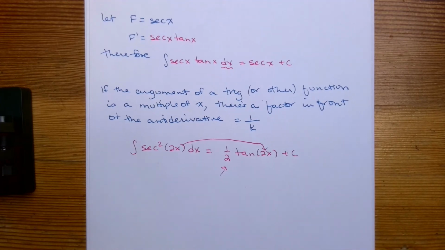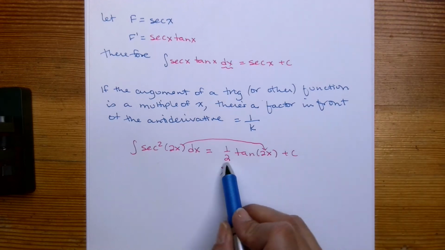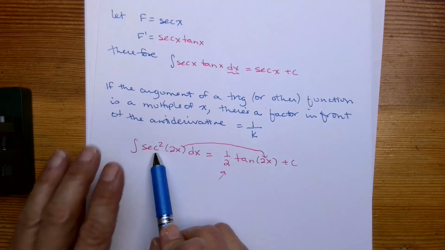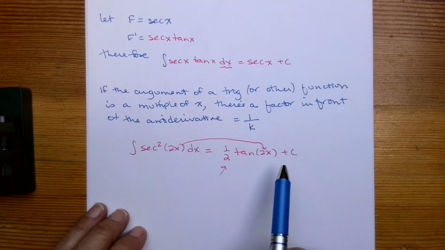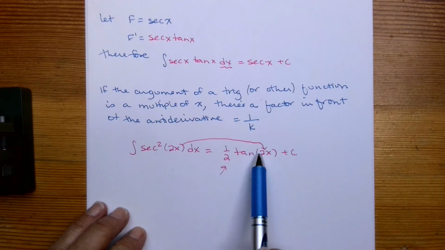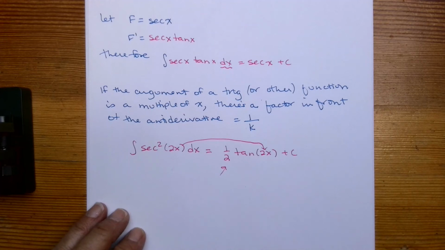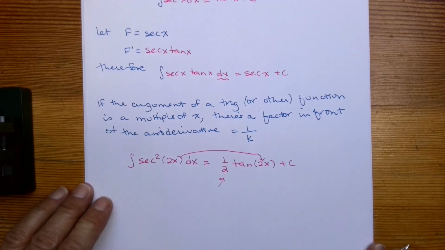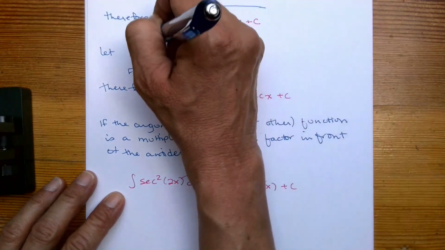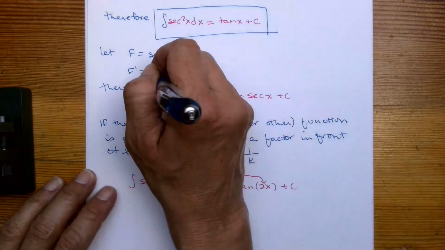And again, if you're still in your Wayback Machine to differential calculus, this is that chain rule, right? We're undoing the chain rule part. Because if we would have differentiated, right, tan 2x, we would have had to have that extra 2 that comes out when we did the chain rule, right?